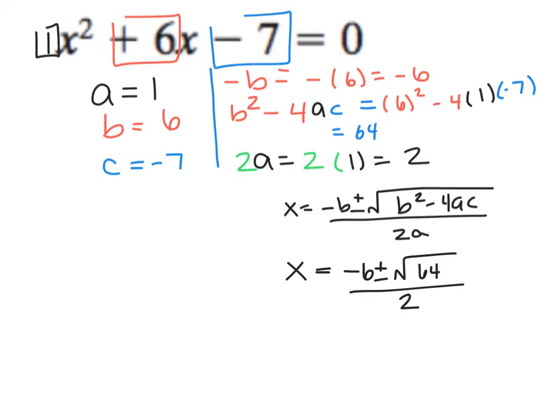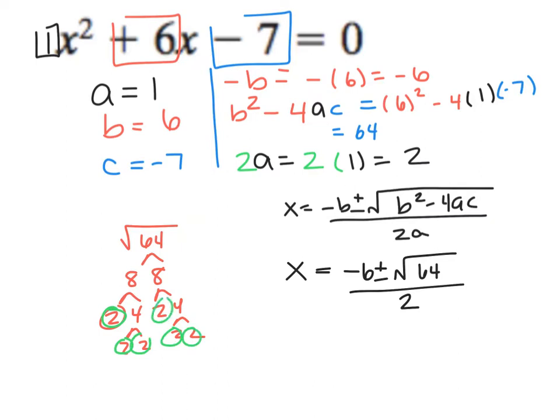I go to the side and figure out what radical 64 is. 8 and 8, 2 and 4, 2 and 2, 2 and 4, 2 and 2. All my 2's go under a radical. So I should have six 2's.